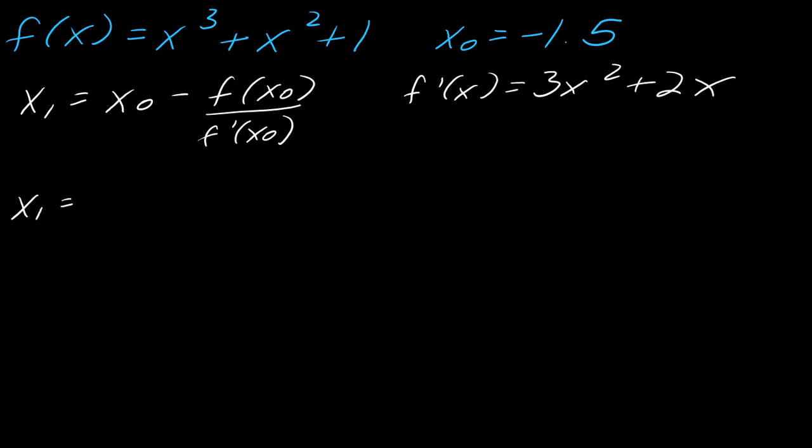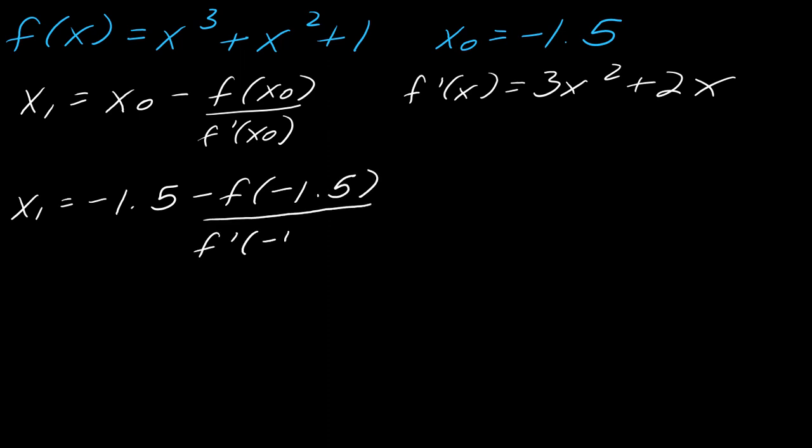So for my x sub 1, this will be negative 1.5 minus f of negative 1.5 over f prime of negative 1.5. And maybe just to be slightly more explicit about what this means, I'll write out what this actually means.